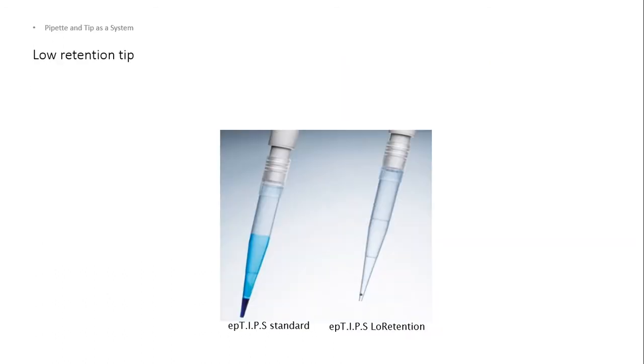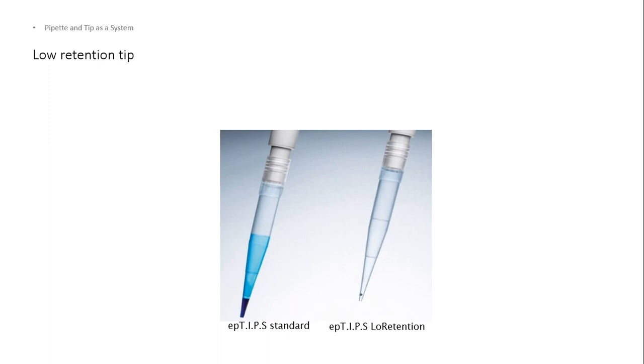So we go to the low retention tip. Low retention tip means there is a very small probability that there will be retention on the wall of the pipette tip.